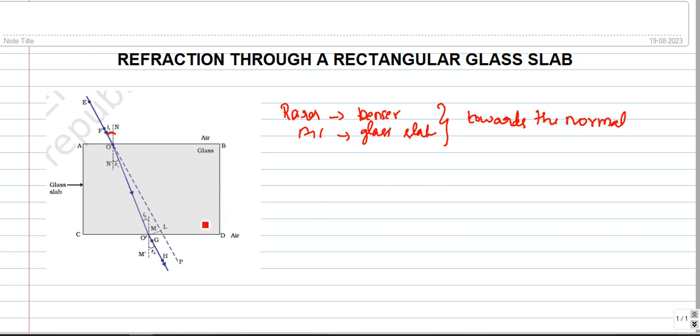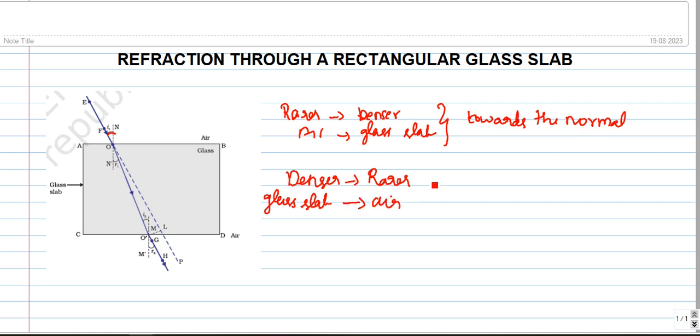Now again at this point O dash, when the light ray is emerging out of the glass slab, it is traveling from a denser medium to a rarer medium, which is again glass slab to air.